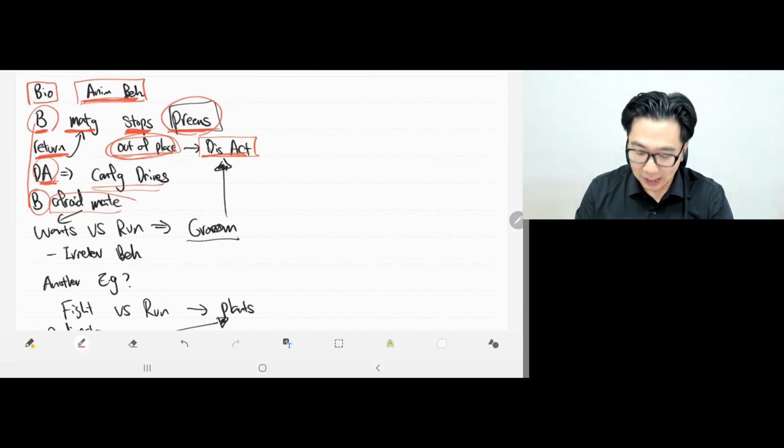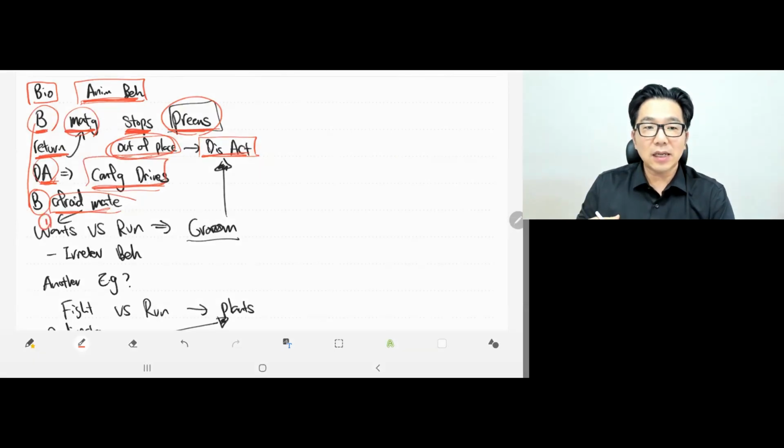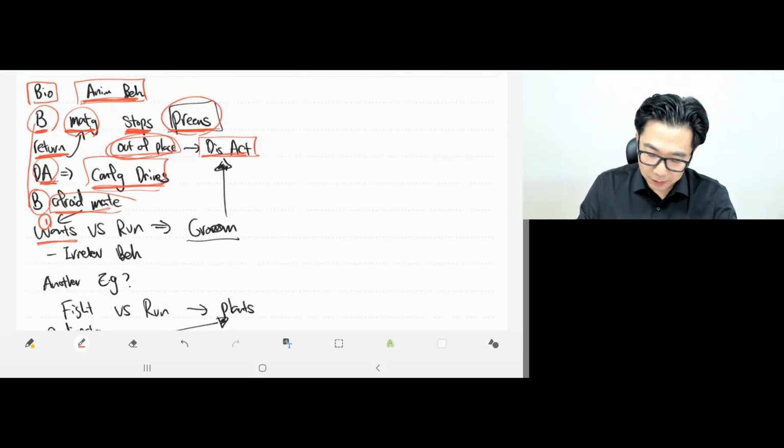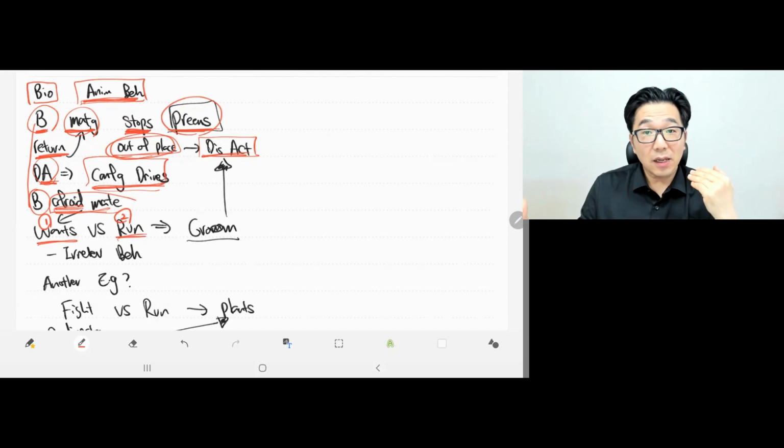The bird who was mating was a little afraid of the mate. Then this bird has two conflicting drives. One drive is, since it's an animal's nature to mate, the bird wants to continue mating. That's the first drive.